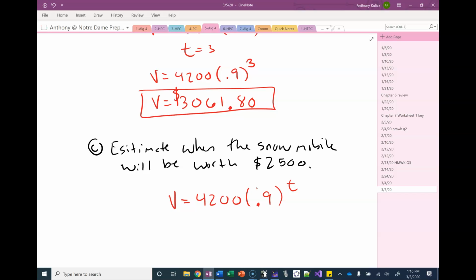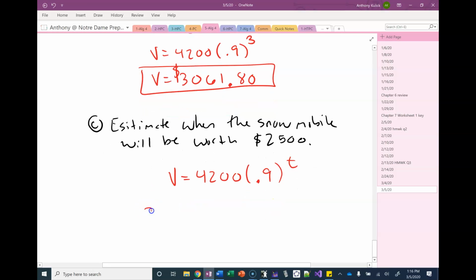T. Okay, in order to solve for T, we need a value for V, which would be, good, 2,500. And to solve this equation, we're going to have to use our calculator to graph it and find the intersection, right?